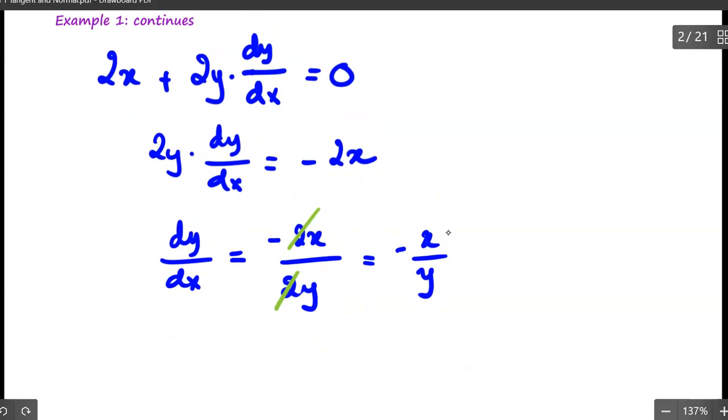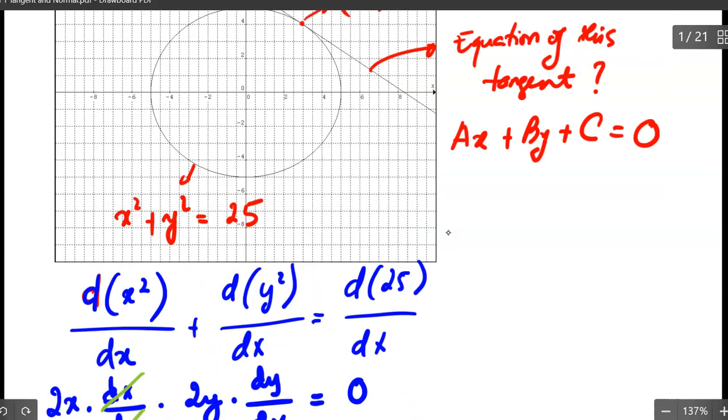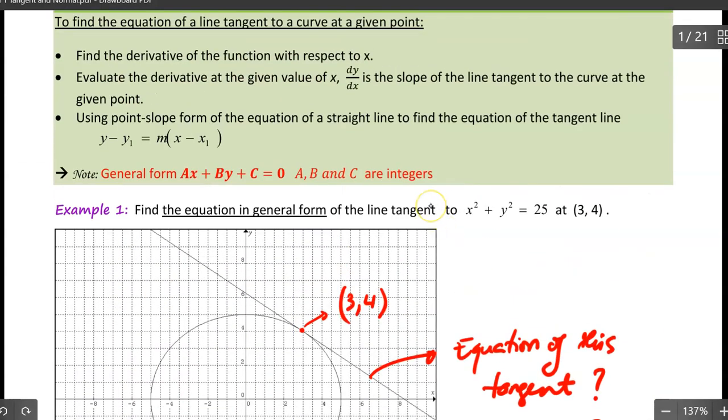So now the step indicated up here for me is that I am going to substitute the given values in here into my differential equation to solve for my dy over dx.